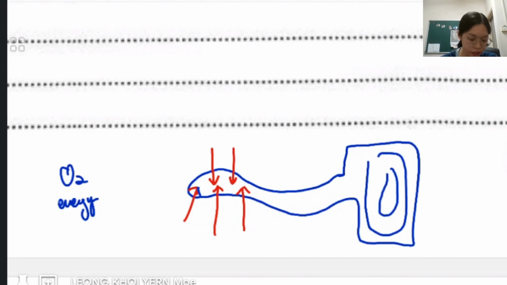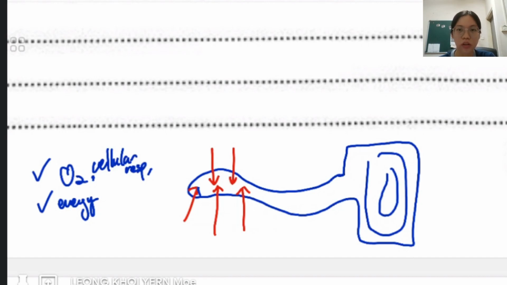So why do they need this energy? When there's the presence of oxygen, they can carry out cellular respiration, so you get to generate energy. Why do you need this energy? Because this energy is required for the active transport of mineral salts. So the mineral salts get actively transported into the root hair cell.